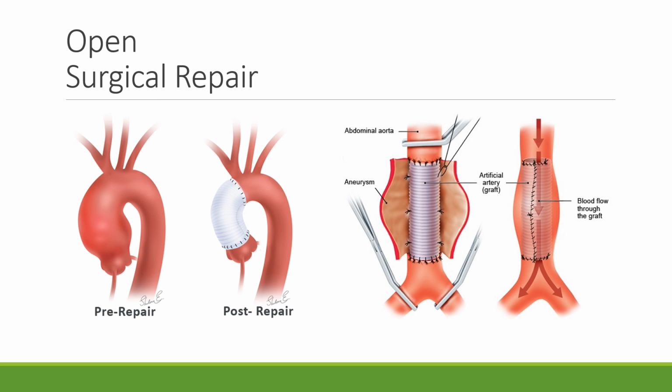Even with prompt surgical intervention, the in-hospital mortality is high. And certainly not all patients are good candidates for open surgical repair. For these individuals who maybe have advanced age or many comorbidities, we have the option of endovascular repair.